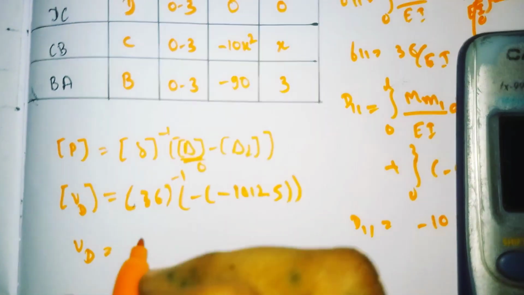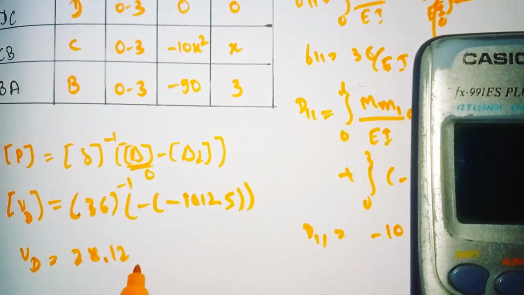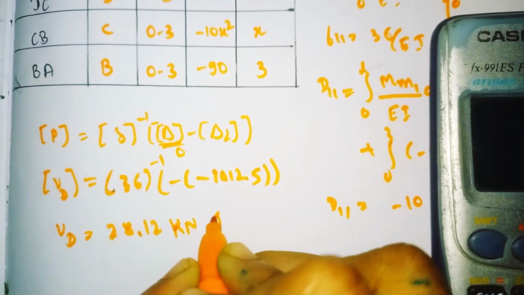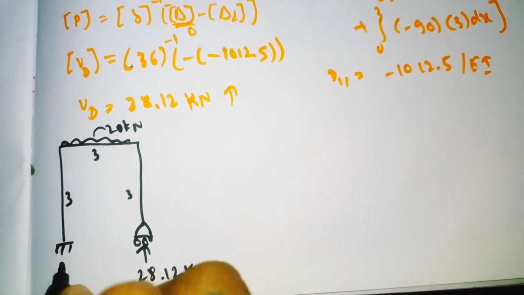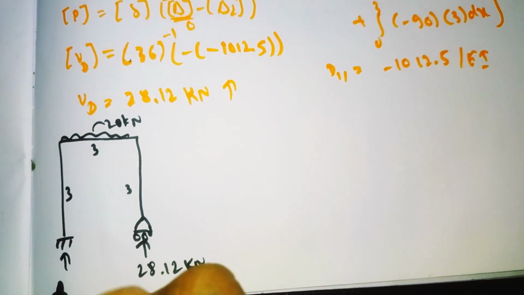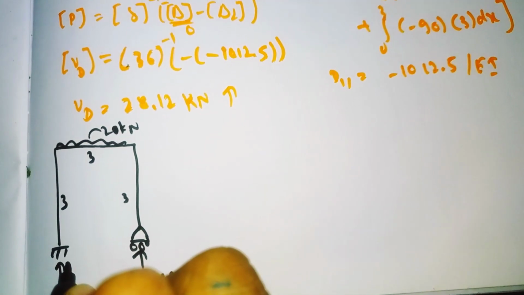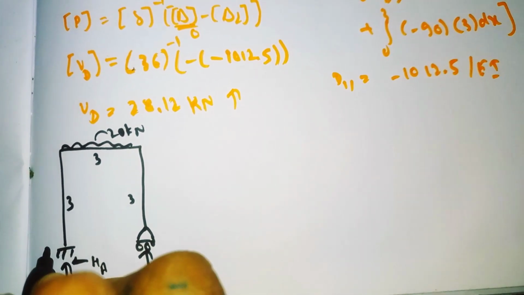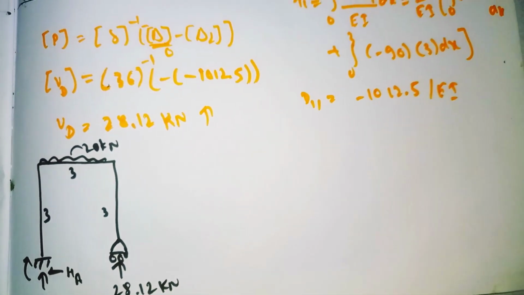So VD value will come out as 28.12 kilonewton. So it is upward positive. So now you can find out these reactions: the vertical at point A, VA, and also the horizontal one, HA, and the moment also. You can find out these unknown reactions by using these values.